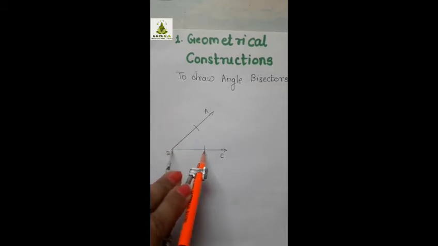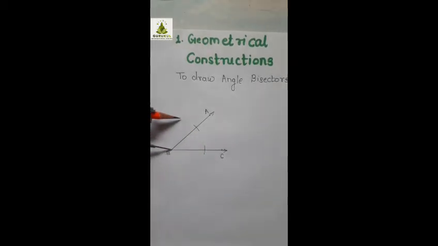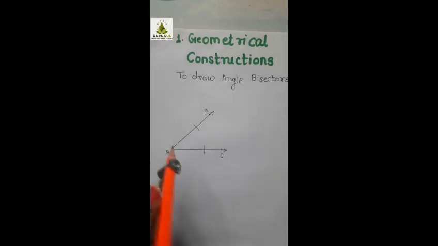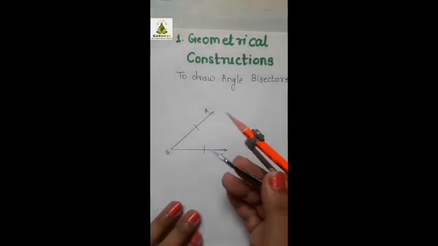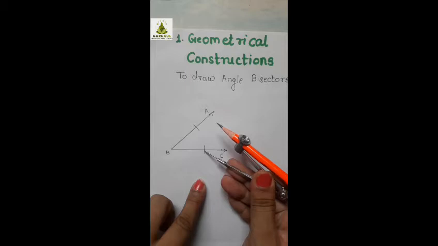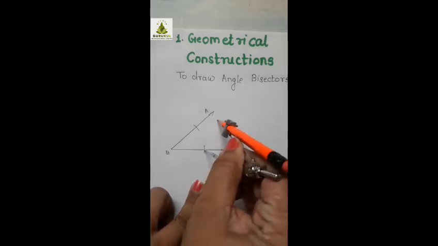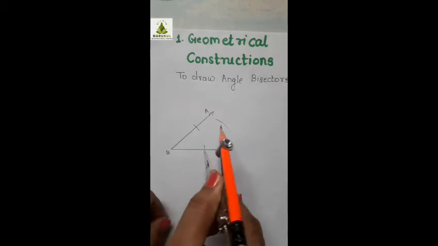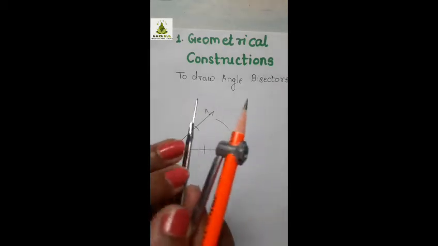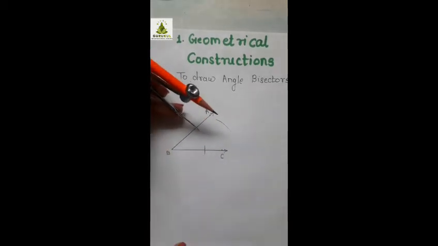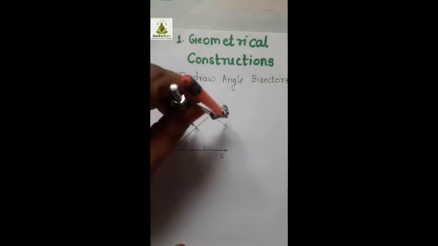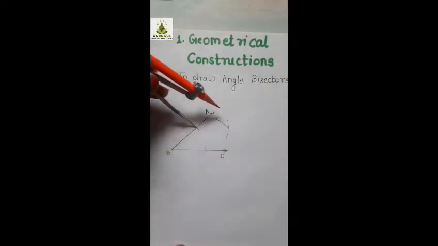On second ray, you have to draw an arc. Now lift the pointer. You have to place the pointer on this point and draw one arc in the interior of the angle. Without changing distance, again you place the pointer here and draw the another intersecting arc.